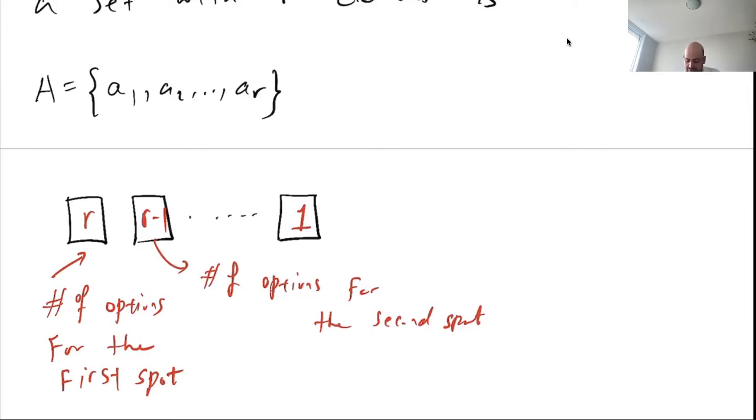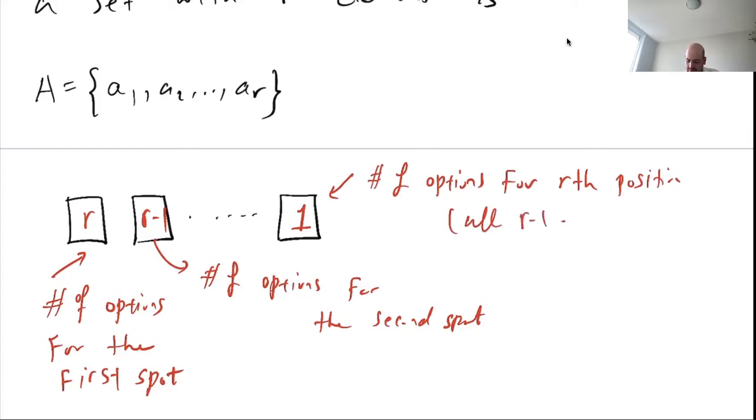Number of options for the rth position, because all R minus 1 elements were chosen before.